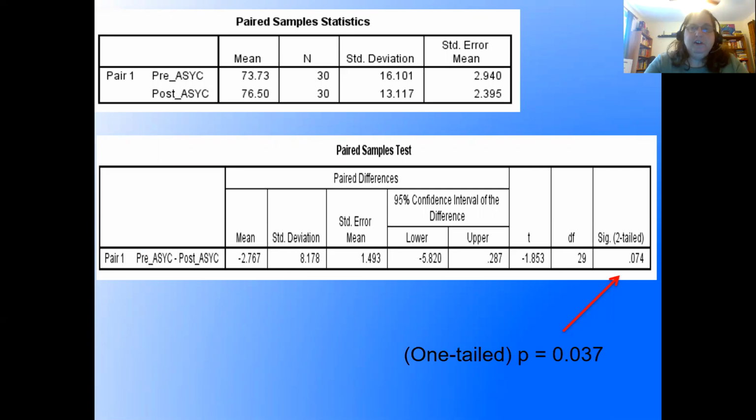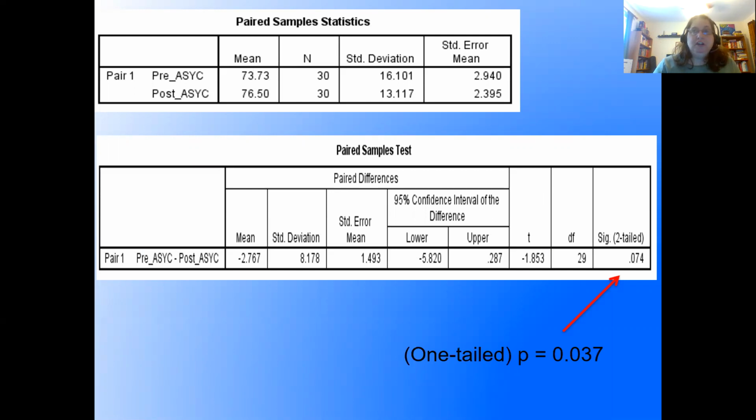Okay, all right. Now, for fun, let's just say that I had said that the pre-test was higher than the post-test. Well, I just look right here at the means, right at the top. Is 73.73 higher than 76.50?